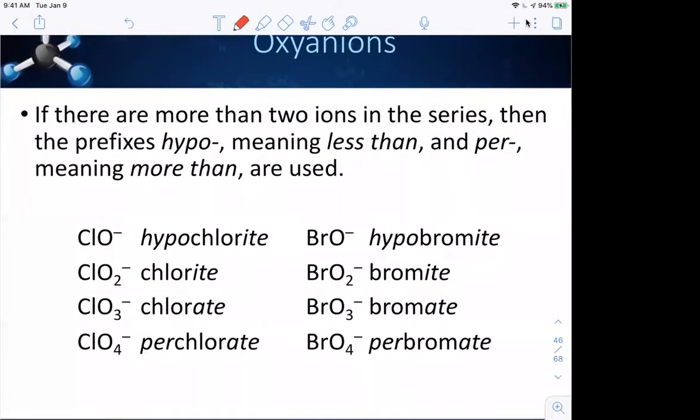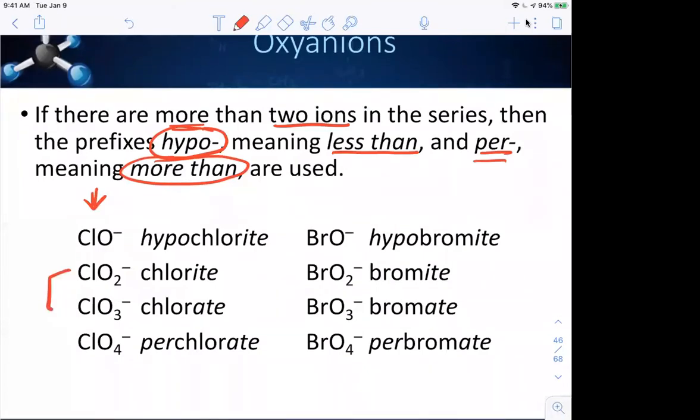If there are more than 2 ions in the series, I have to use a prefix that means less than, that would be hypo, and a prefix that means more than, that would be per. So this is a series where I have chlorine attached to oxygen, and I have 1, 2, 3, or 4 oxygens in these ions.